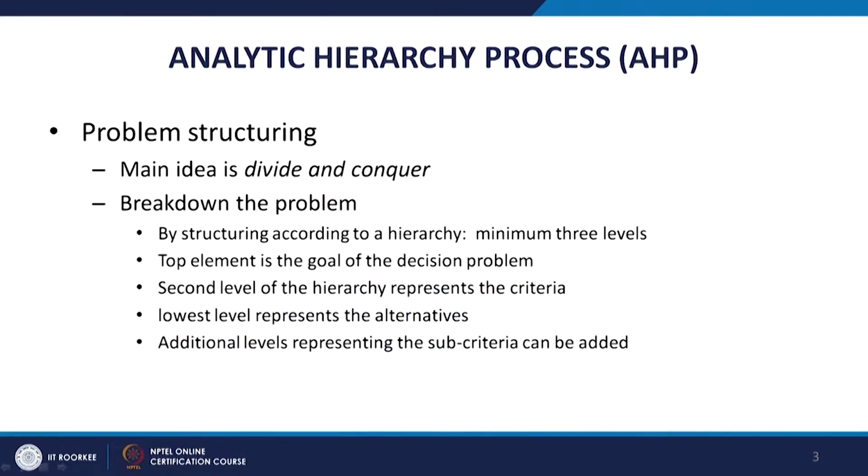At the top level there is going to be just one element, that is the top element, that is the goal of the decision problem. So, when you think about a tree and a hierarchical structure, just one element is going to be at the top.